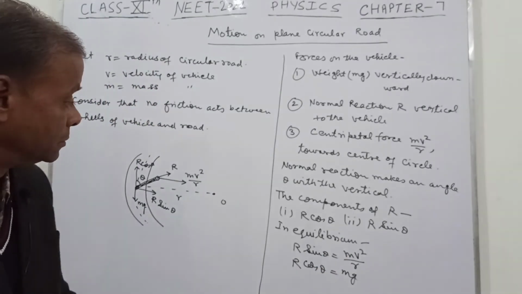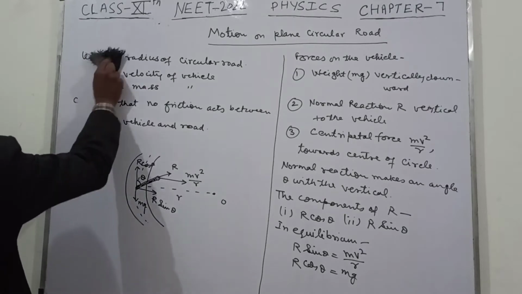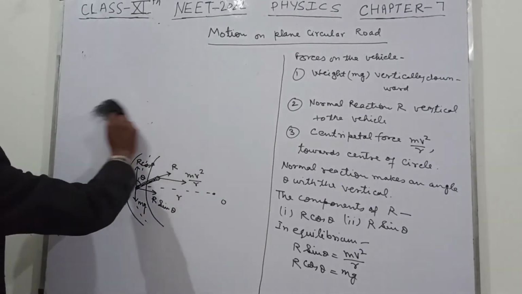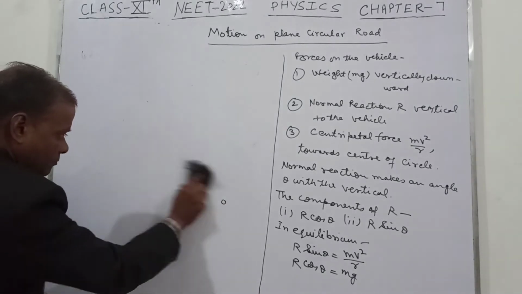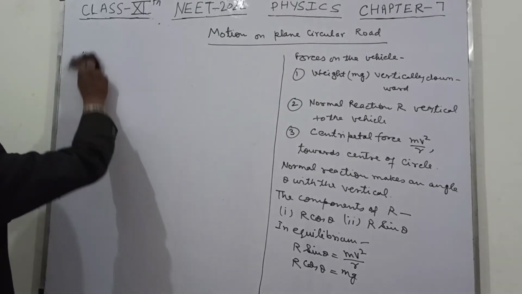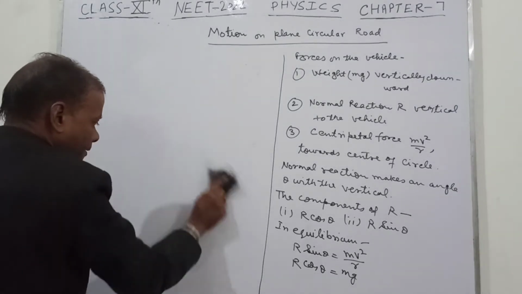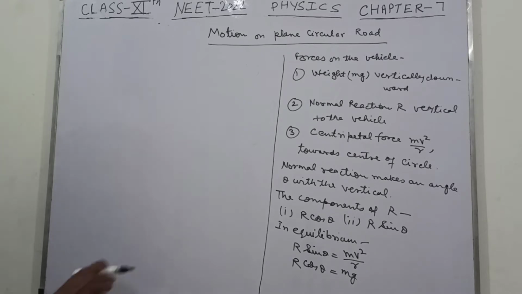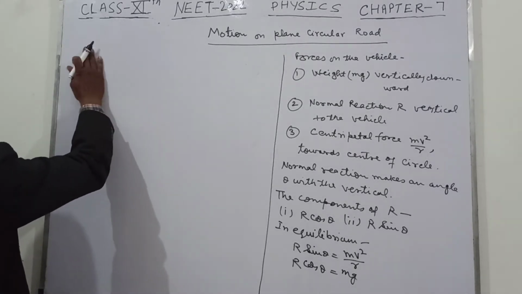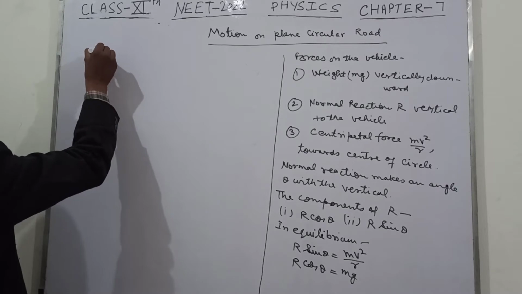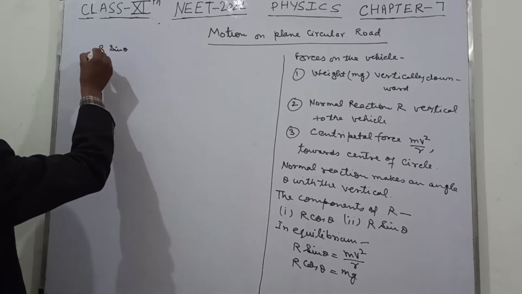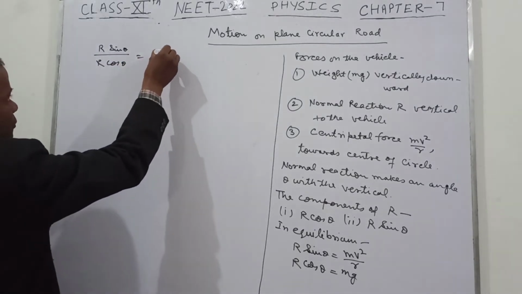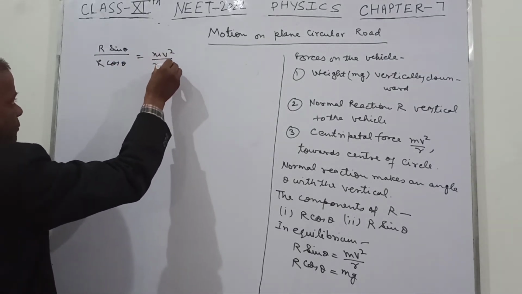Now if we divide them, R sin theta upon R cos theta equals mv square upon r into mg.